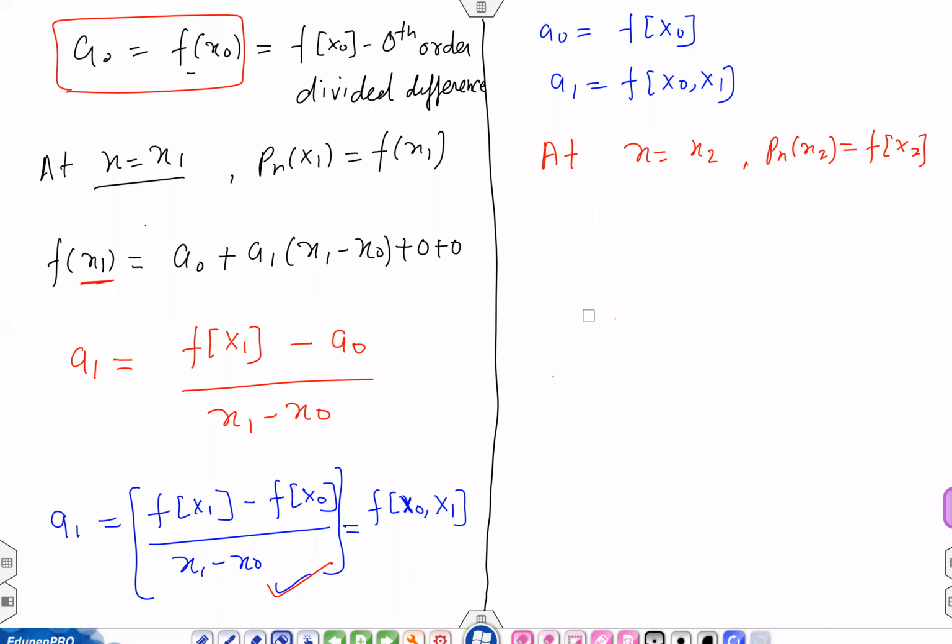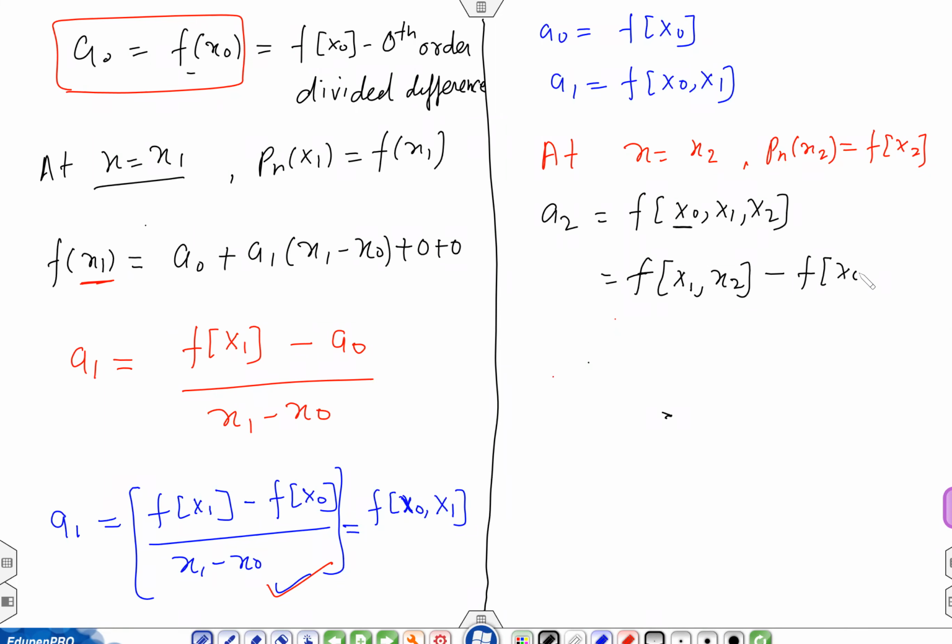Here a2 we can write as f[x0, x1, x2], and the value of f[x0, x1, x2] is easy to remember. If there are three values, just leave the first value x0 and write f[x1, x2] minus f[x0, x1] upon last value minus first value.